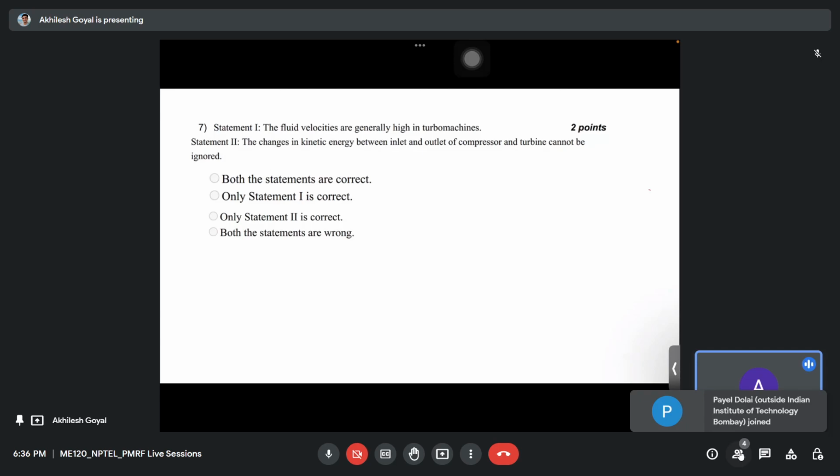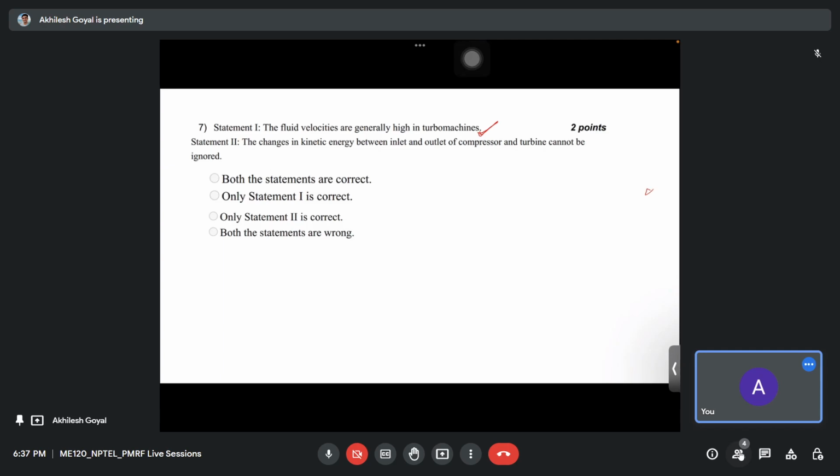The fluid velocities are very high in the case of turbomachines, that we already know. And the second statement is the changes in kinetic energy between inlet and outlet of compressor and turbine cannot be ignored.